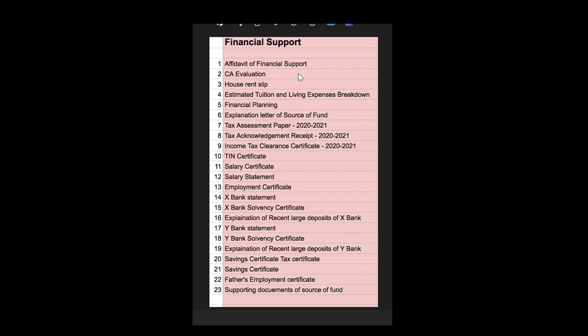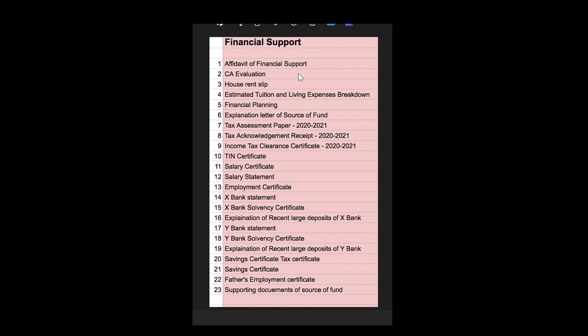The CA will determine how much is there in Canadian dollar equivalency, and also the CA will mention the home currency. So both currencies the CA will mention. Again, you do not need to understand how to do it, because there are plenty of CAs around you. You just have to find a reliable CA who has worked on Canadian study permit applications and helped students. So you need to find out those kinds of people.